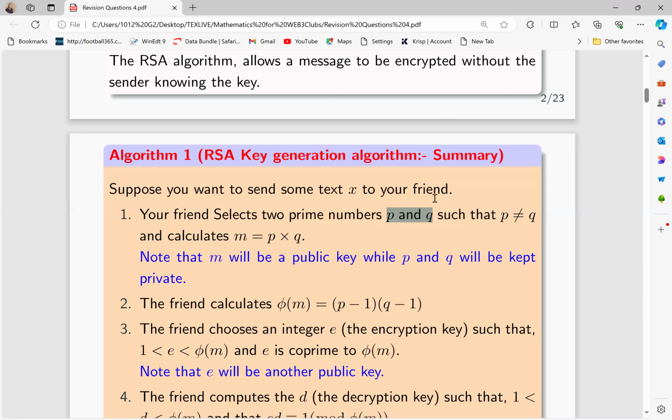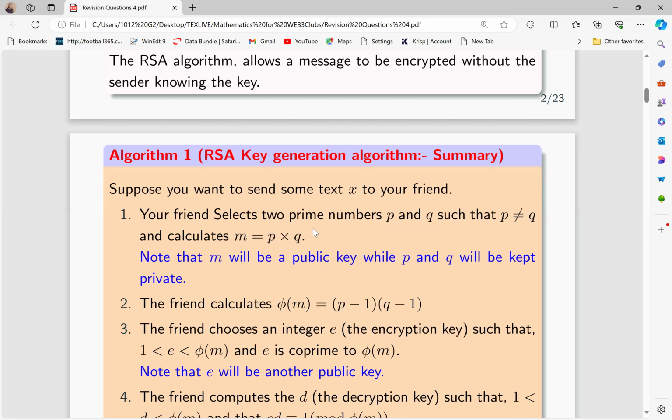Your friend keeps these two prime numbers private. Nobody else should know them. After choosing these two prime numbers, and they should not be equal, your friend has another duty: to get their product.